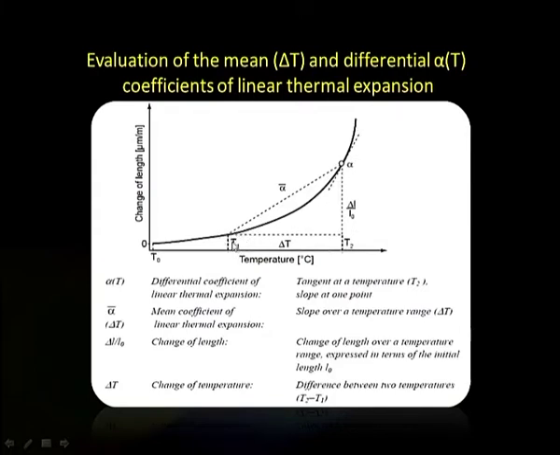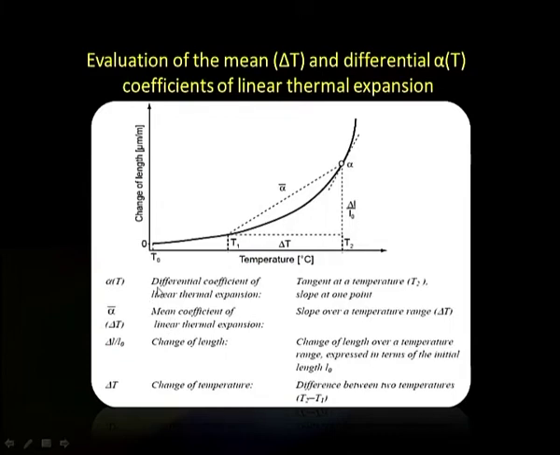Now, between the change in slope at T1 and the change in slope at T2, the change in temperature is called delta T, and the change in length is called delta L, and we can divide it by the original length, that is L0.